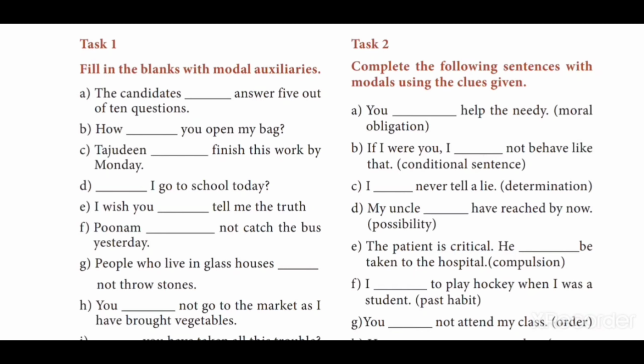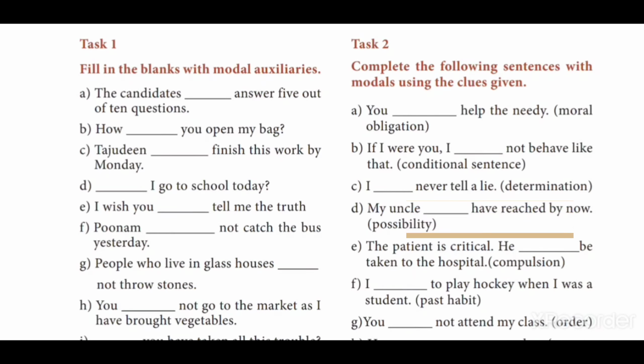Coming to D, my uncle dash have reached by now. Possibility is the clue given within the brackets. So the answer is may. And E, the patient is critical, he dash be taken to the hospital. Within the brackets the clue is compulsion. So the answer is must.